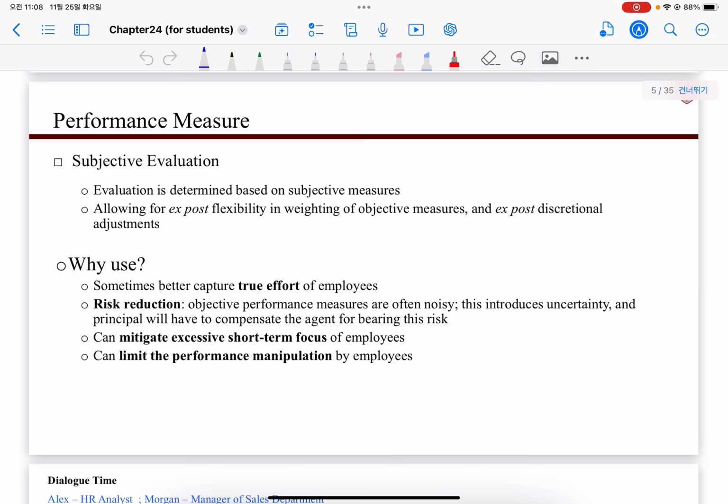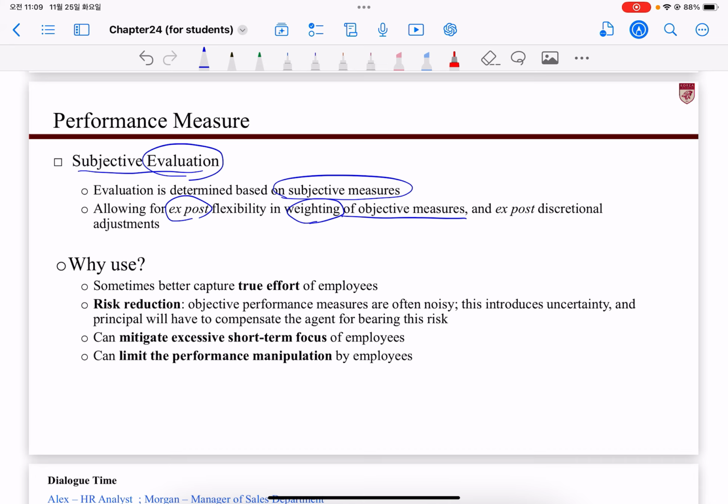Another thing is what's called subjective evaluation. Subjective evaluation is determining compensation based on subjective opinions, subjective measures. So what is different? Well, you give a different weighting of objective measures ex post.